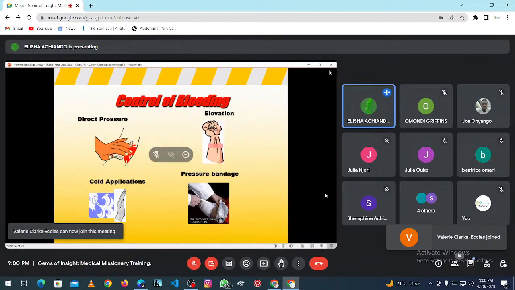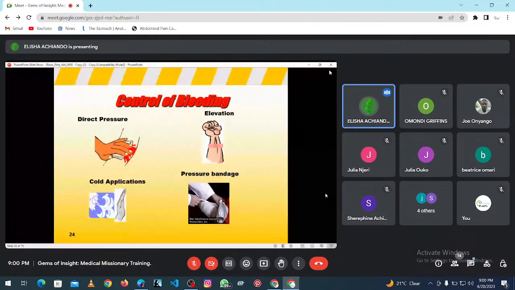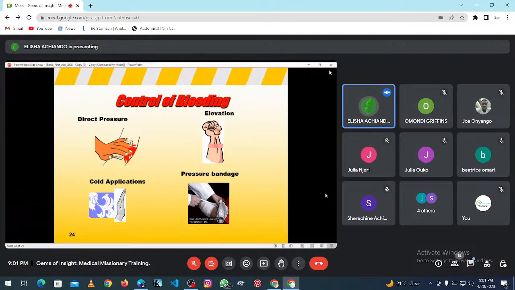The extremities of your body, like the arms: if you put them so that the heart is below the affected point, with the wound facing up, then you can also control bleeding, hastening it. That is called the elevation method. You can apply a pressure bandage, and you can also do cold applications so that you promote vasoconstriction. So these are the four methods on how we can basically stop bleeding.